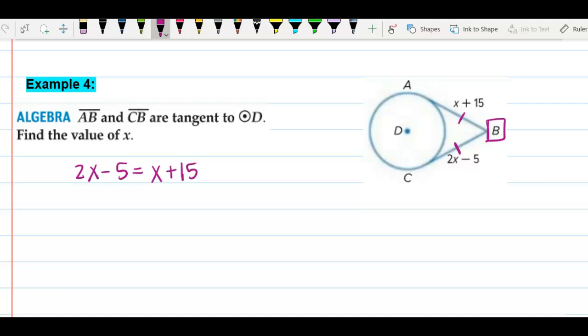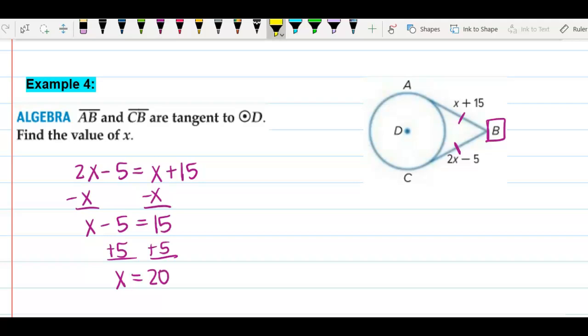Okay, subtract an x from both sides. And x minus 5 equals 15. Add 5, x equals 20. Oh, and I just needed to find x, so I am finished. If it asked you to find BA or BC, we could just plug it back in.